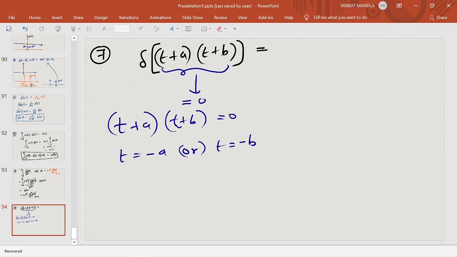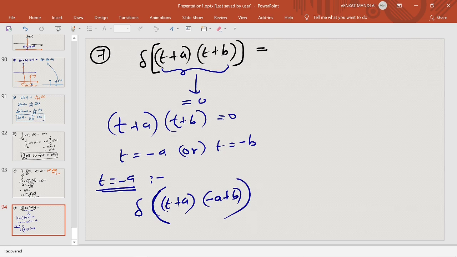In the first case, I put t equal to minus a. So δ((t+a)(t+b)): if you substitute t equal to minus a, you get 0 in the first factor, and in the second factor you get (−a+b). Here the delta function exists, because at t equal to minus a the whole argument is 0, so only the impulse signal exists.